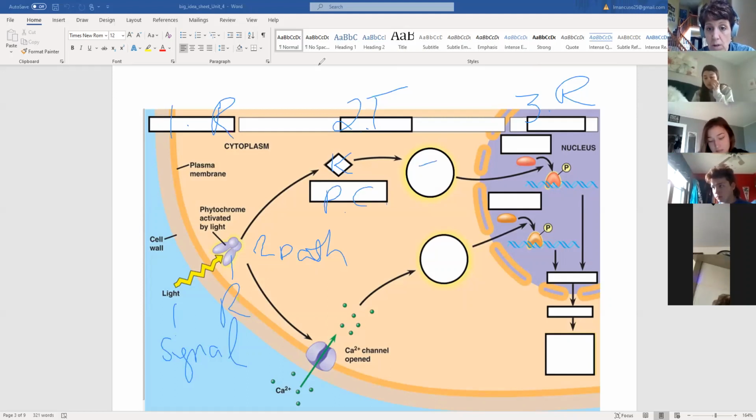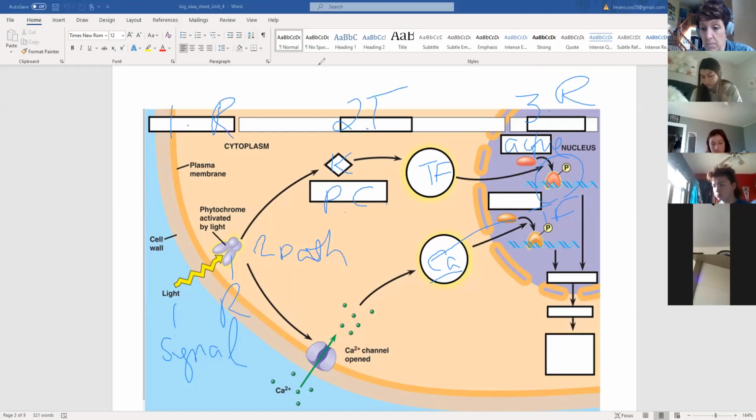And this forms a transcription factor. The reason I know that is because it's going here and binding to the DNA. So this is my active transcription factor right there. It's telling RNA polymerase where to go. And then this calcium turned on another path that activated another transcription factor.